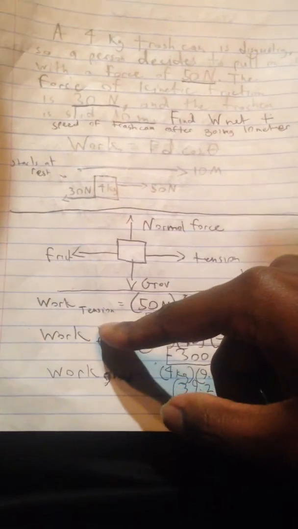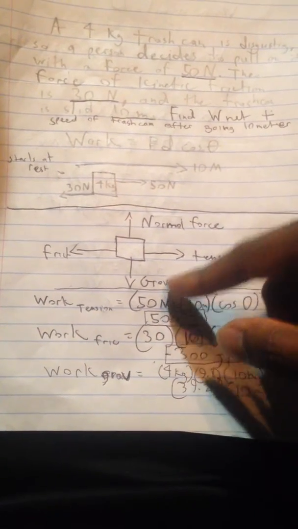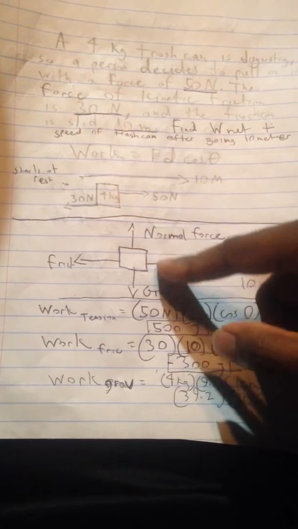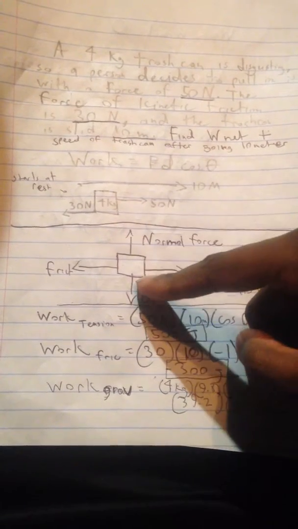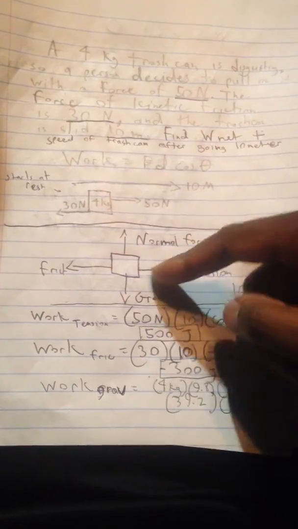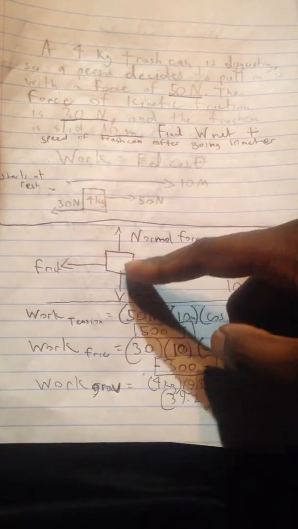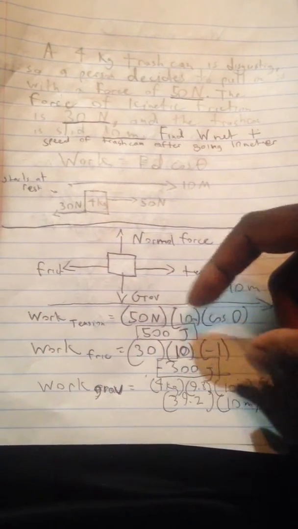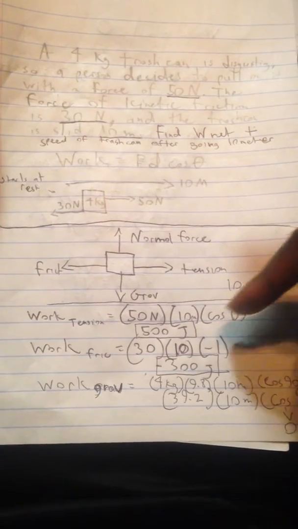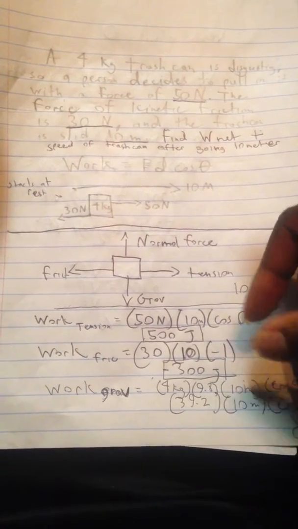So first I find the work of tension, which is 50 newtons, because it's being pulled this way 50 newtons, and it's being pulled on by a rope as stated in the problem. So the tension is 50 newtons times the 10 meters that's being pulled, and cosine 0.